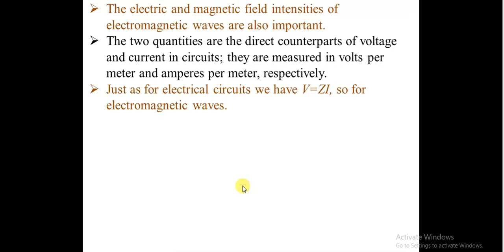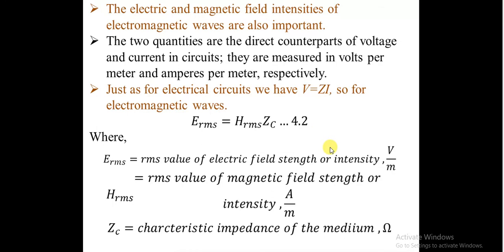For electrical circuits, we have voltage equals resistance times current. Here Z means resistance, or we can say impedance. So the electric field strength can be calculated as the magnetic field strength multiplied by the characteristic impedance.